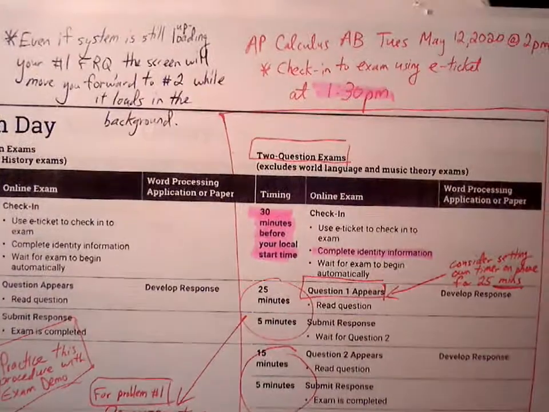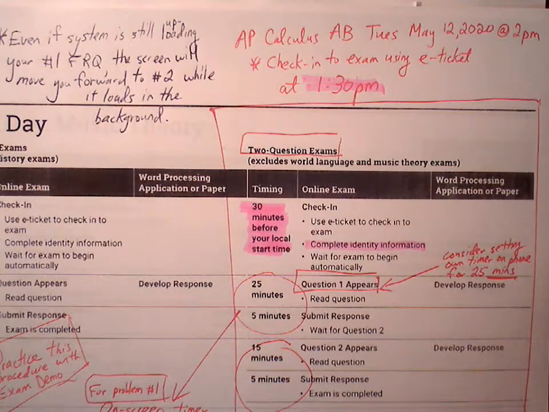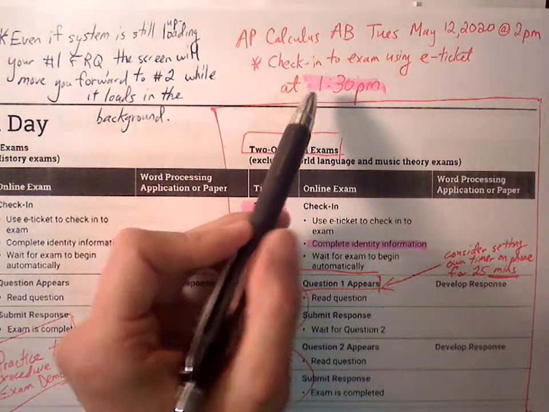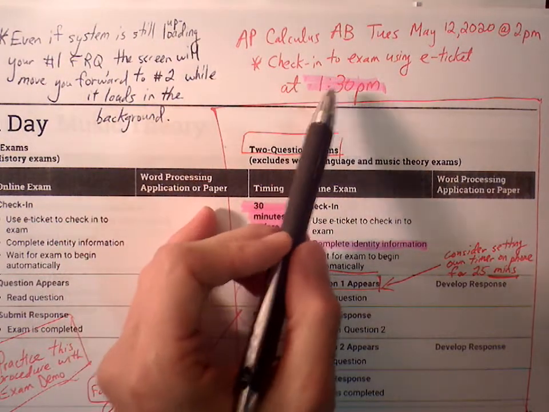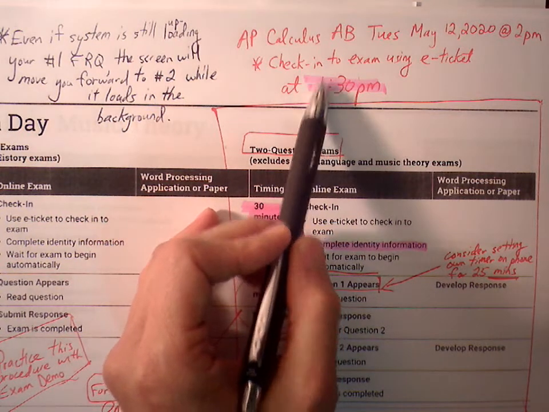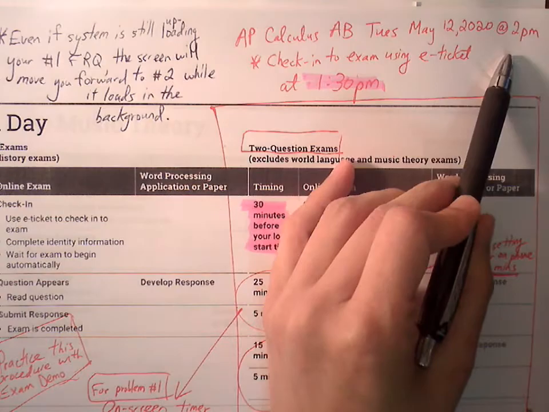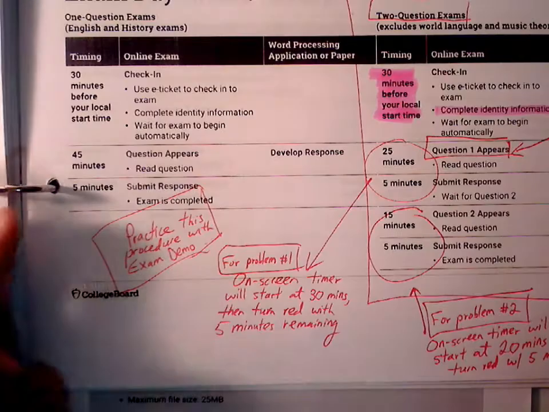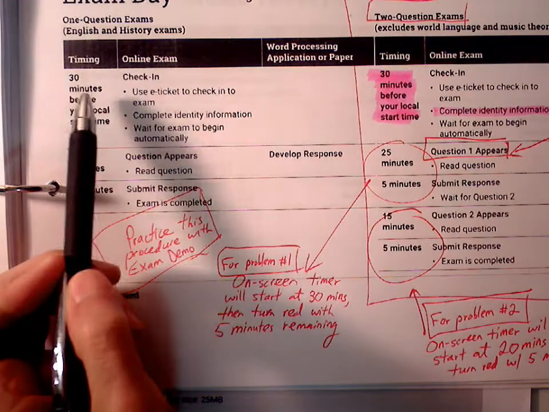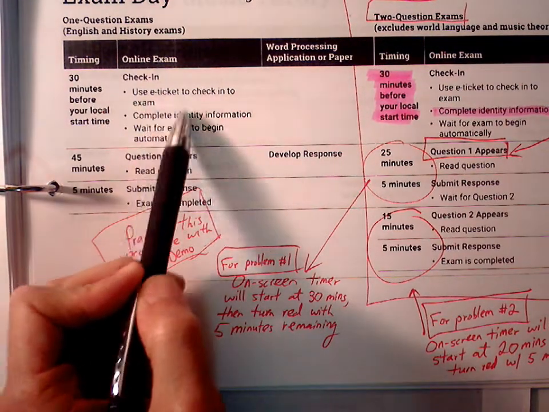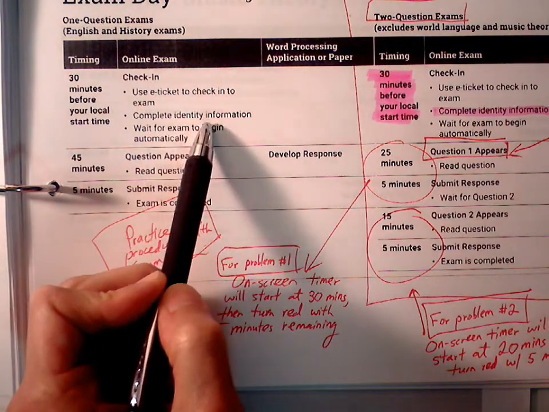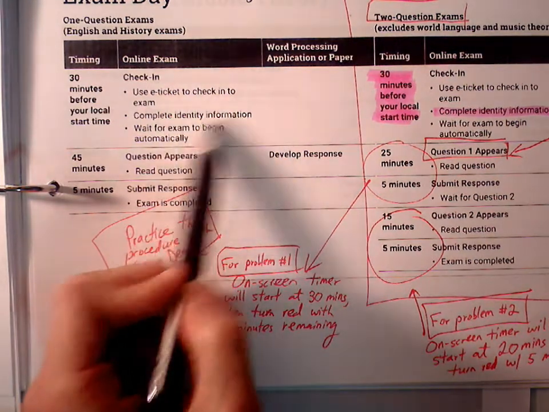Hopefully you're ready to go at 1:30 p.m. Eastern Time, and you're going to be checking into your exam using your e-ticket 30 minutes before the start time. Now, when you get into the exam 30 minutes before, you're going to be completing some identity information.